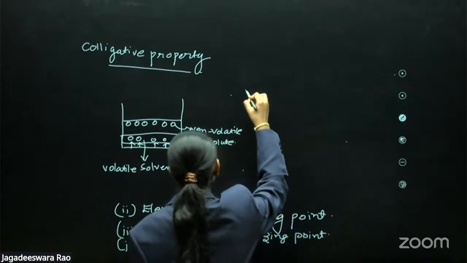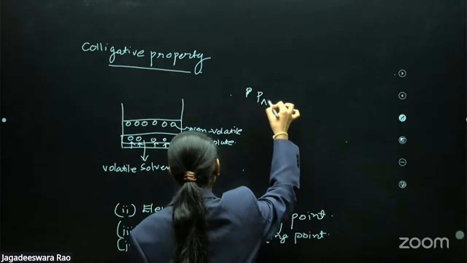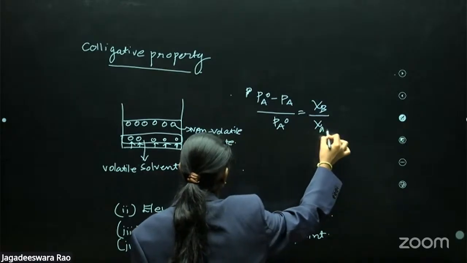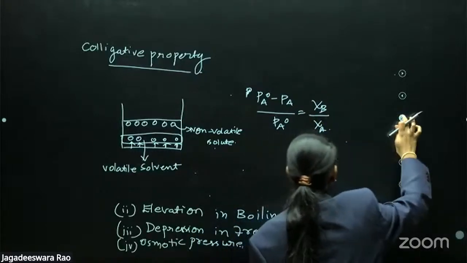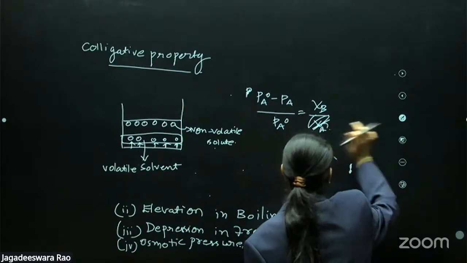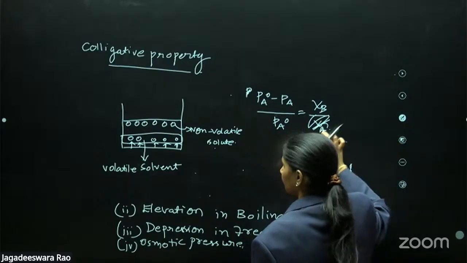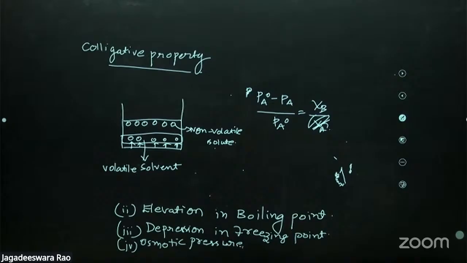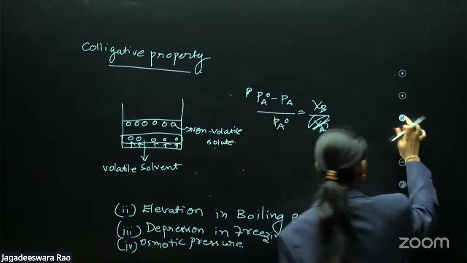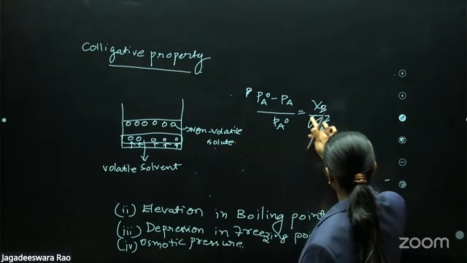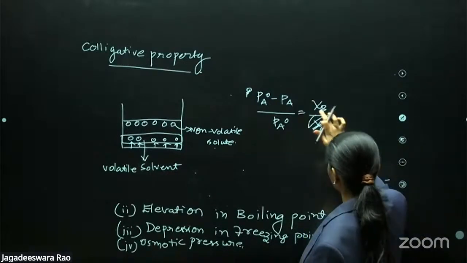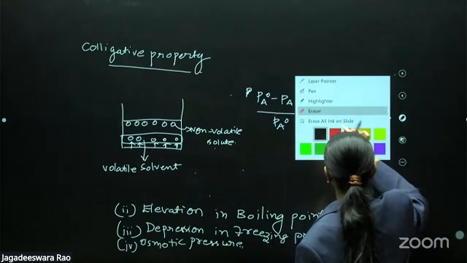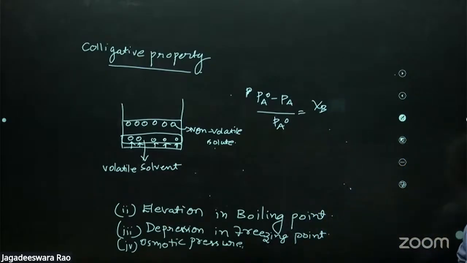That is PA naught minus PA by PA naught is equal to mole fraction of B by mole fraction of A, or you can just take it as mole fraction of B. PA naught minus PA by PA naught is equal to XB, right?